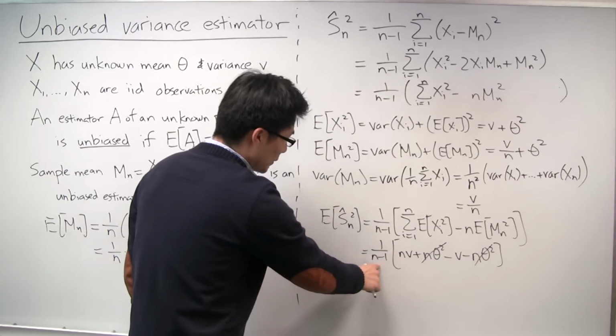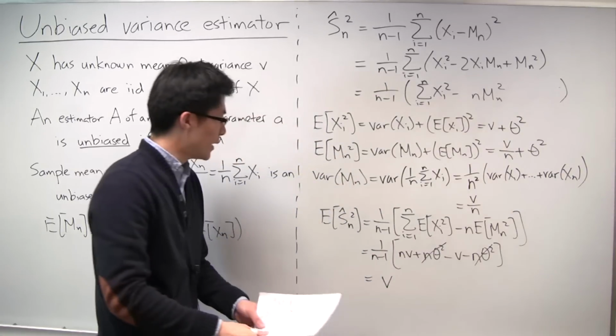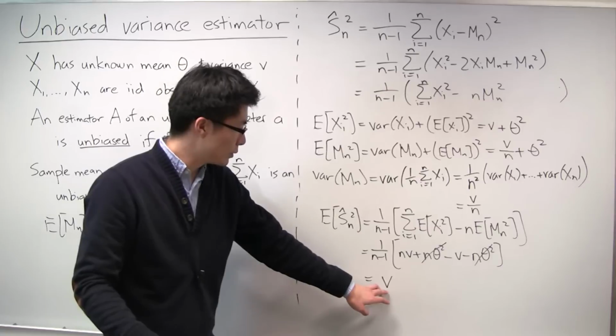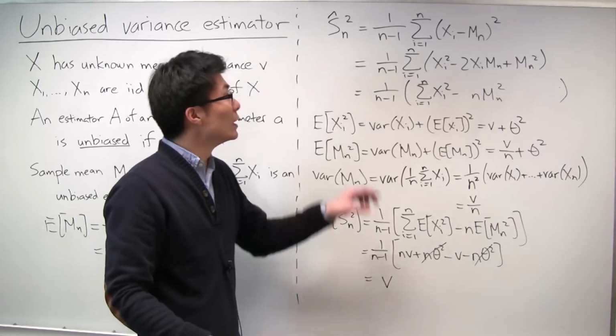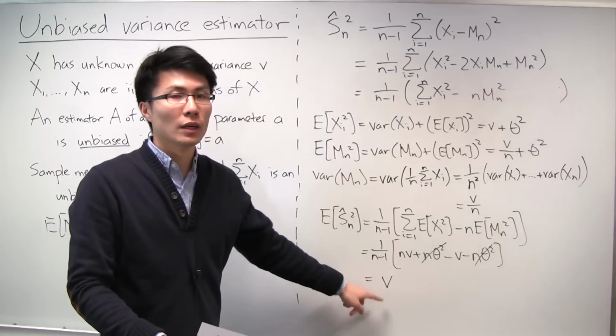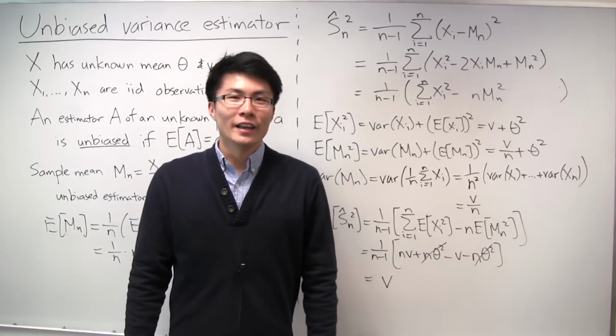The n minus 1 cancels out with the 1 over n minus 1. And so in the end, you get that this is, in fact, equal to v. The expectation of the estimator is equal to v. And that shows that this estimator is, in fact, an unbiased estimator of this variance v. So I hope that was helpful, and we'll see you next time.